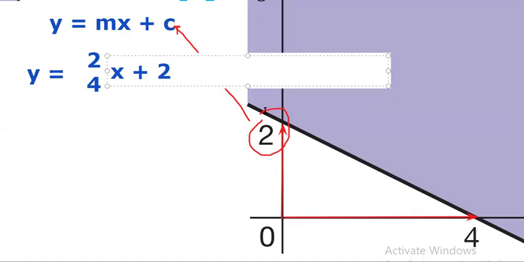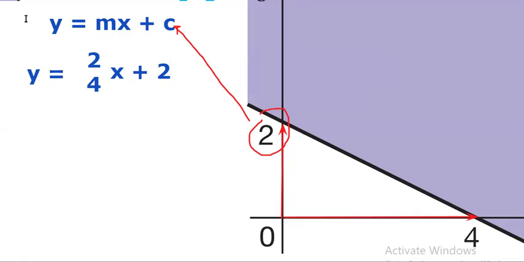Now we can see that the line is going down. How do you see this? When you start from the 0 point and you go to the right, you can see that the line is going down every time we go to the right part of the x-axis. This means that the gradient is negative.